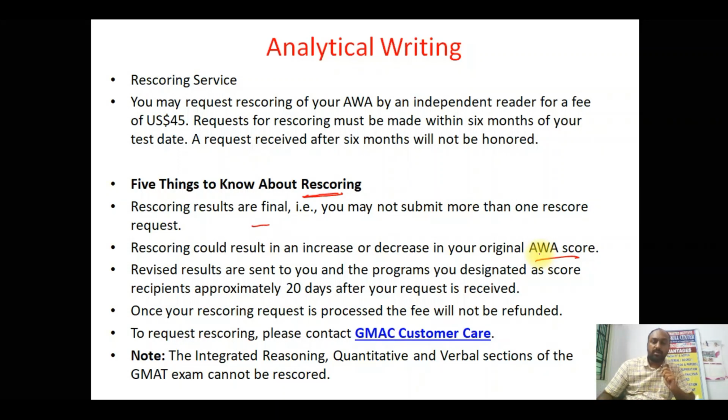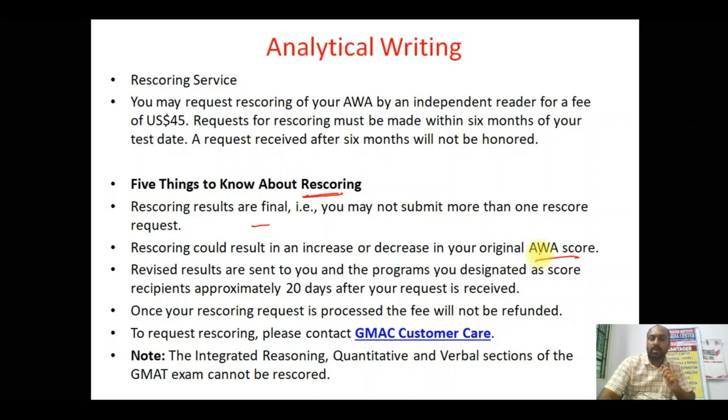You need to take this AWA session either in GRE or in GMAT. The main things are quantitative, integrated reasoning and verbal reasoning. The scoring part, you need not put too much focus on this session, right? But you need to have good knowledge so that without hesitation you can write this.